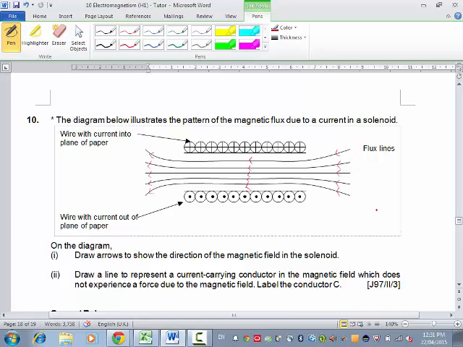Okay, next. Draw a line to represent the current carrying conductor that does not experience a force. How should I put a current carrying conductor? Parallel, perpendicular, or non-parallel? Or don't draw at all? Don't draw means no force, but it's confirmed.